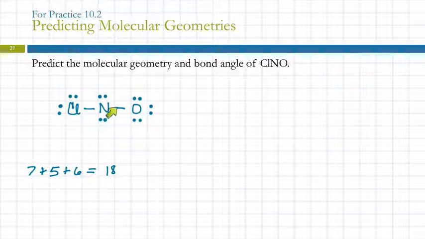So let's see if we can make all of those happen. We could make that happen by putting a double bond here. So let's take one of these lone pairs off and make a double bond here. So this oxygen now is 2, 4, 6, 8. It's got 2 bonds. That's going to have a 0 formal charge. But what's not quite right here?